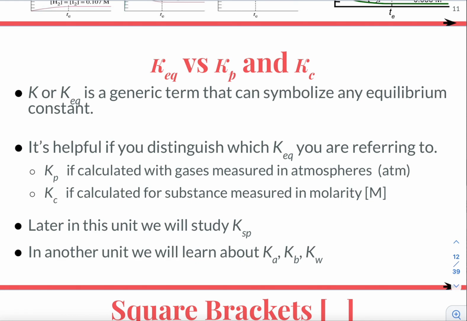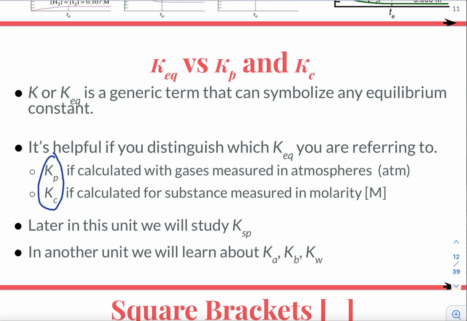Okay, so let's start talking about K. K or KEQ is a generic term. It can be anything. So you'll see if people aren't specific, they'll just say K. But sometimes it's very helpful for us to say which K we're talking about, okay? We're going to focus for the first part of this unit on KP and KC.